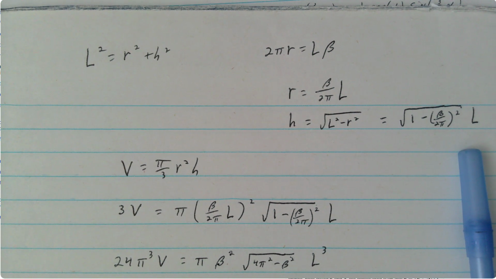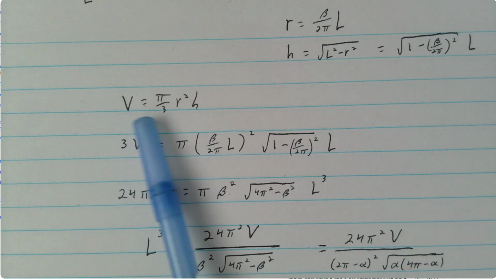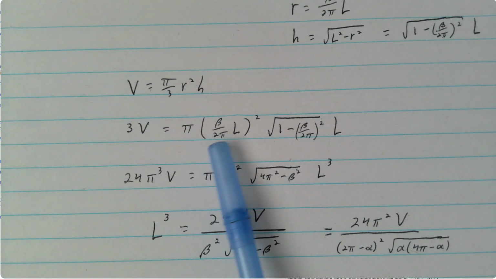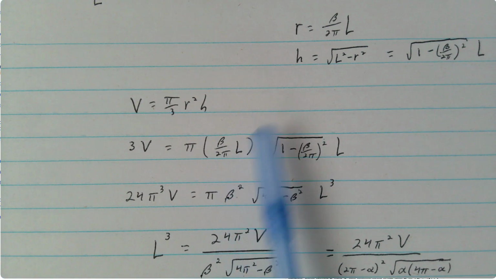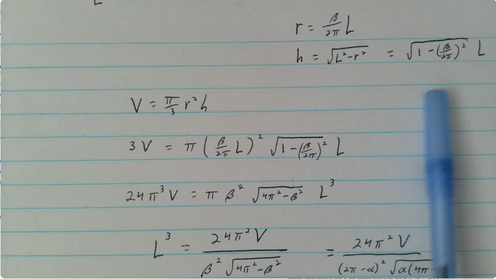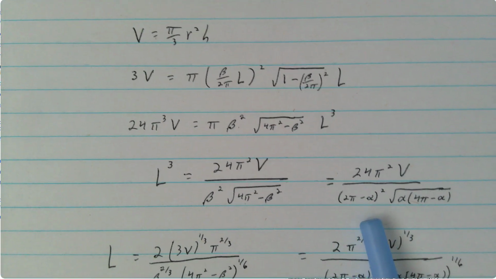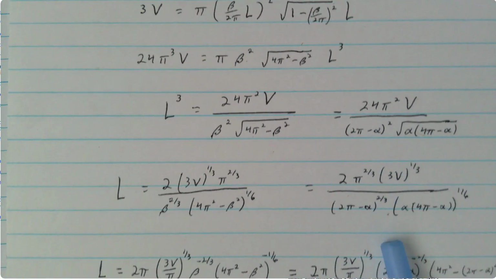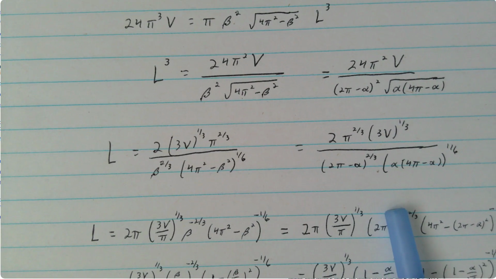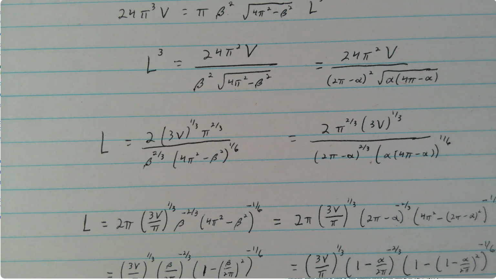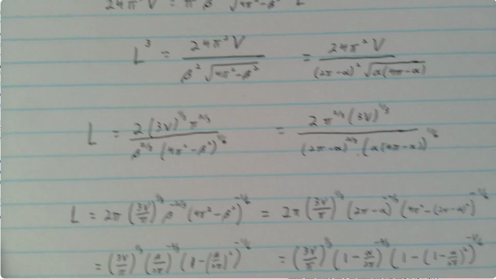Factor out the L. Volume is pi r squared h over 3, or 3V is pi r squared h. So I can get L in terms of beta, which is the same as getting L in terms of alpha. It's a little more complicated, but that was the way I originally thought about it. I thought of alpha as the action variable, how much I cut, and then beta is what remains after.